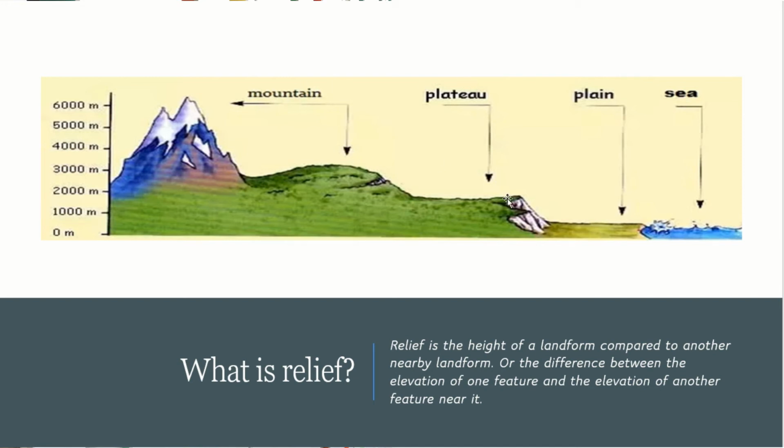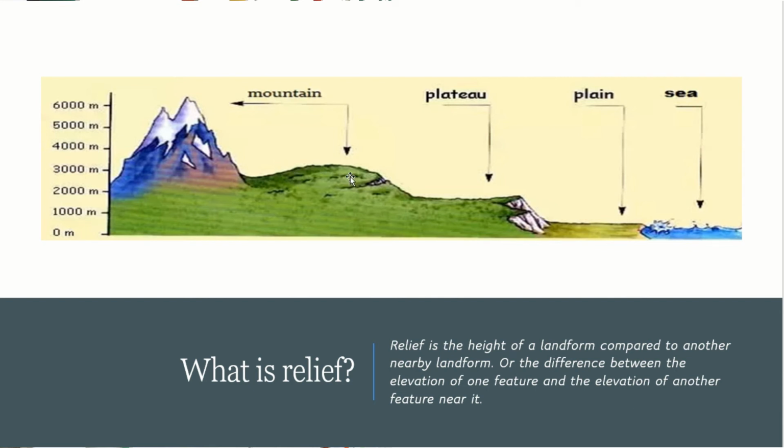If you compare these two elevations, there will be a difference amount. So the difference between two elevations is called relief. So relief is the height of the landform compared to another nearby landform, or the difference between the elevation of one feature and the elevation of another feature.